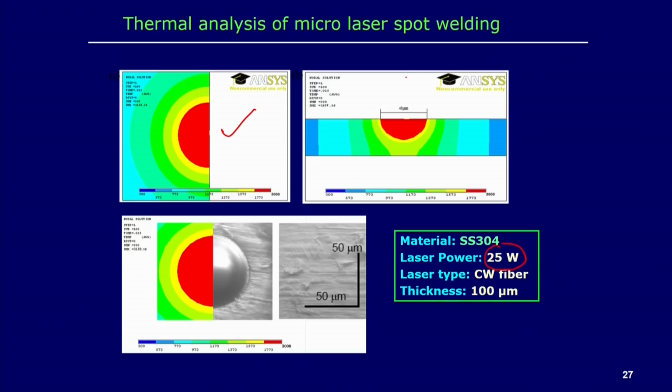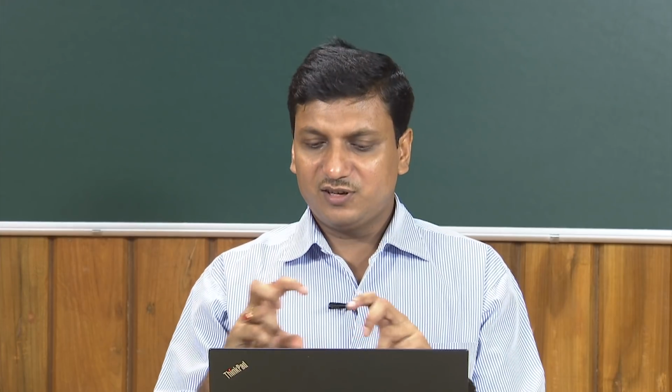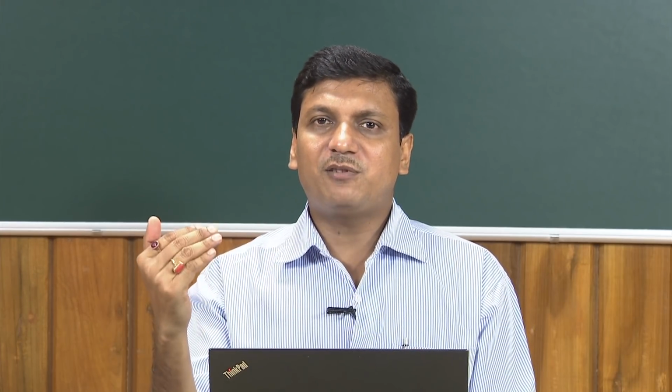The red color indicates the fusion zone, and in the cross sectional view you can see that it is not fully penetrated. That means it is partially penetrated. So, if you use only 25 watt laser power, there is a partial penetration of the profile, but if we increase the laser power, this profile will increase, and with 75 watt laser power we can get this kind of profile. That means full depth of penetration can be achieved.